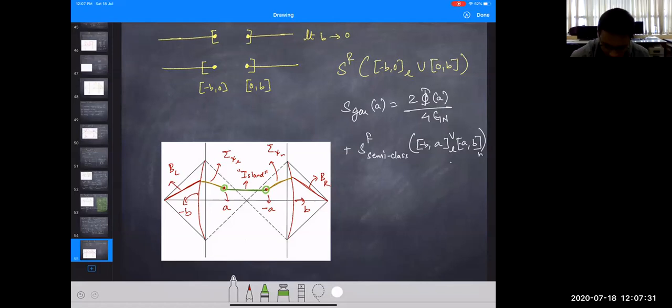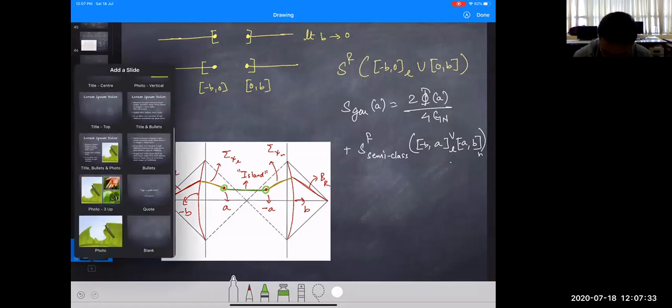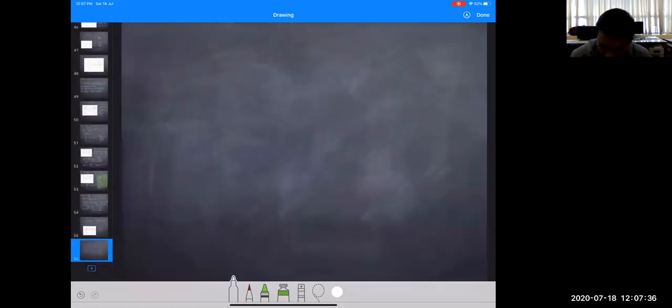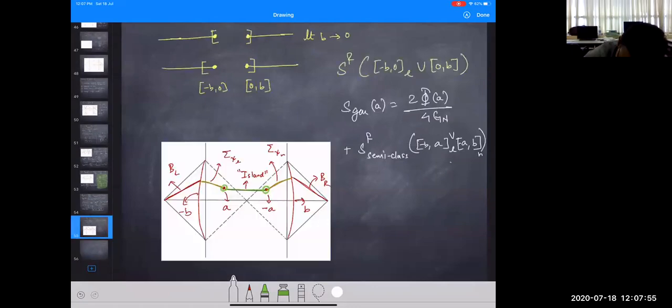Okay, now long before, when we were discussing entanglement entropies of 2D CFTs, what I told you is that entanglement entropy of 2D CFT can be computed by just computing n-point functions, or correlators of twist operators. Okay, so let's start with this. So let's say I'm working at a particular time.